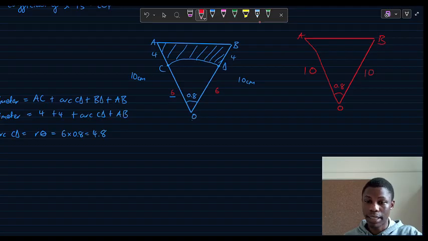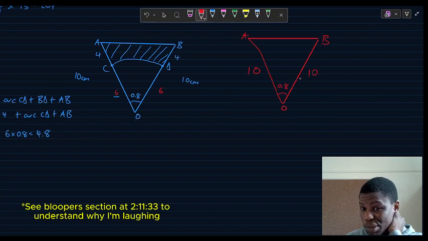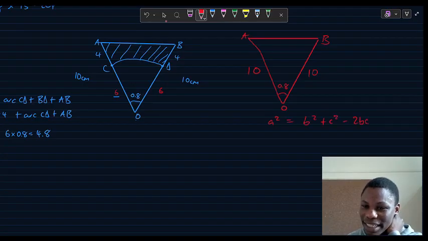So we've got two sides and the angle between them. So we can use the cosine rule to find the length of AB, and I believe the cosine rule says a squared is equal to b squared plus c squared minus 2bc cosine of A, right?